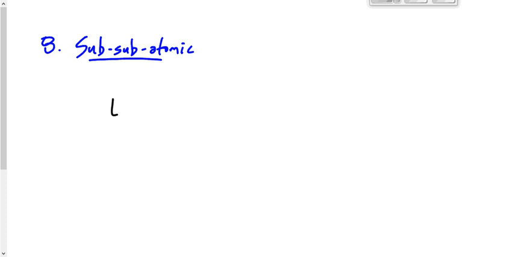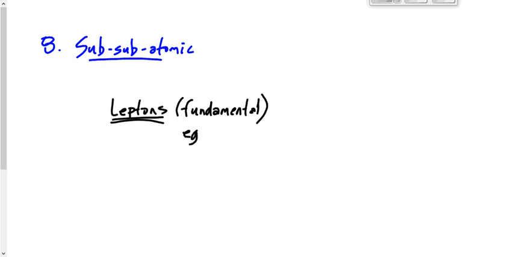Well, there's leptons, which are fundamental particles. They can't get any smaller. And there's different types of leptons. There's the muon, and there's the muon neutrino, and the anti-muon, and there's the tau, and the anti-tau, and the anti-tau anti-neutrino, and all those. But the ones that we really care about, the example would be the electron.